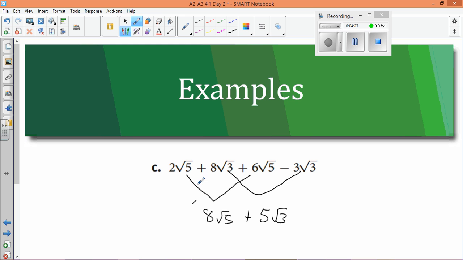So my final answer is 8 root 5 plus 5 root 3. It's possible to have an expression that has 4 radical terms in it and then combine down to 2, combine down to 3. You can have an expression that has 10 terms that goes down to 8, down to 1, et cetera.